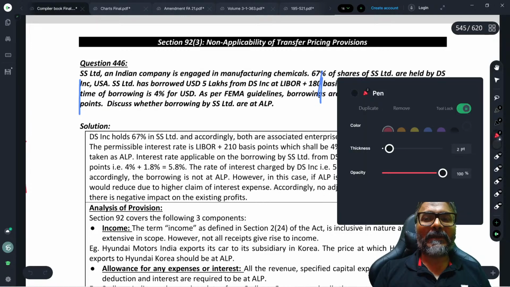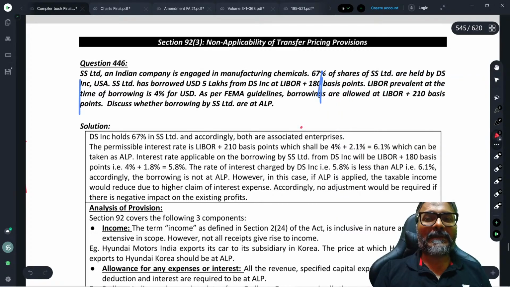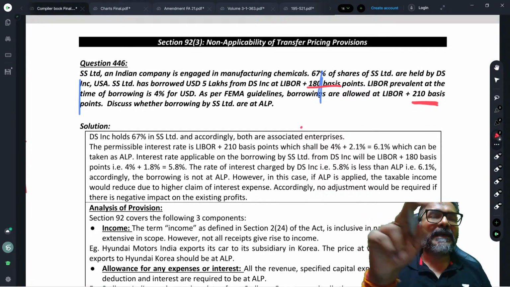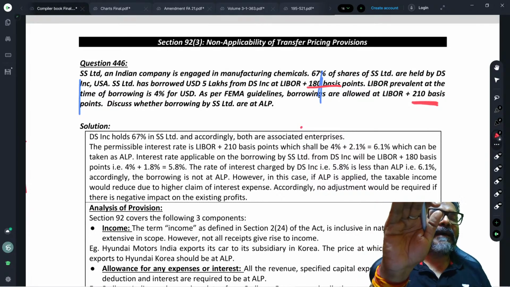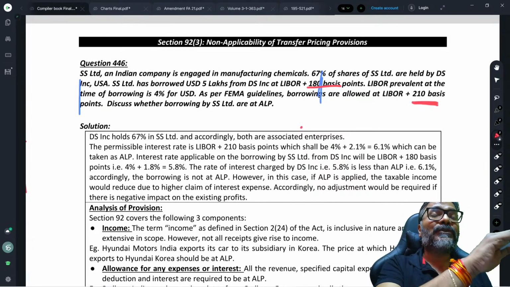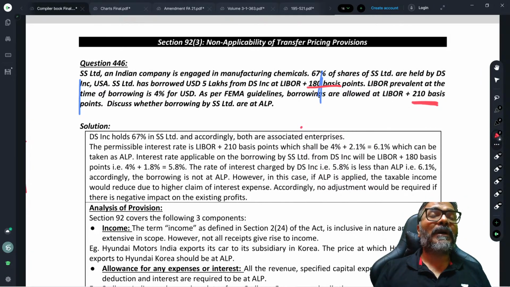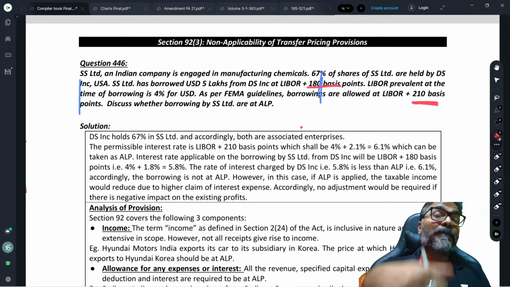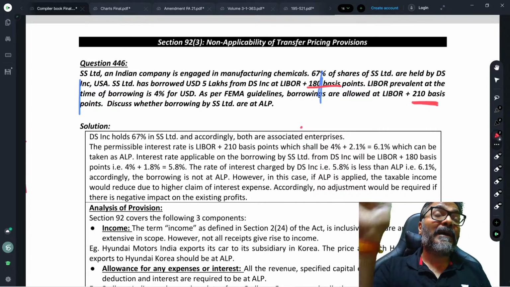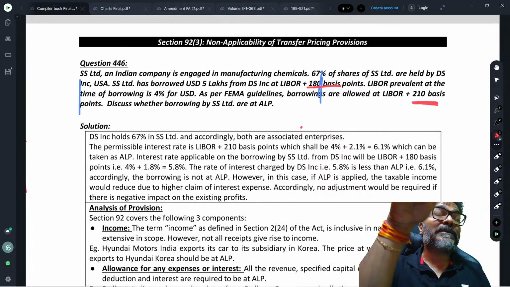If you can see over here, the arm's length price is at 210 basis points, whereas I have done the borrowing at 180 basis points. Therefore, it implies that my borrowing is cheaper as compared to the prevalent market rate, and thereby I have booked a lower amount of deduction of interest. Thereby, the profit which is reported by me is on a higher side, and I have already paid tax on a higher side.